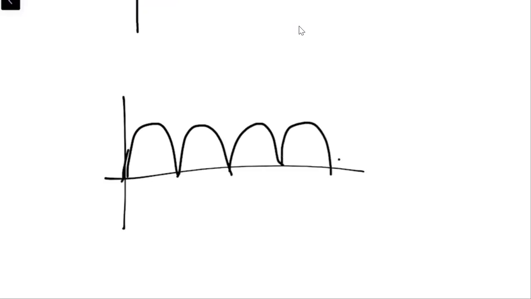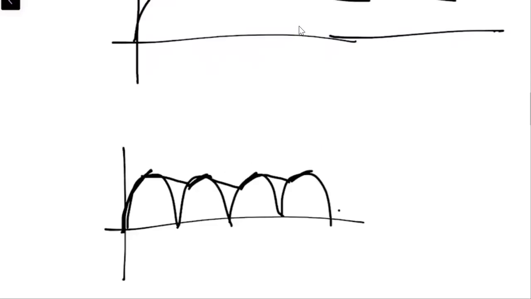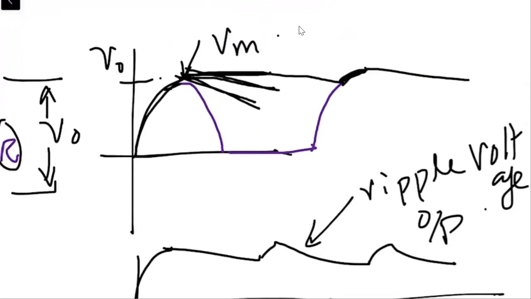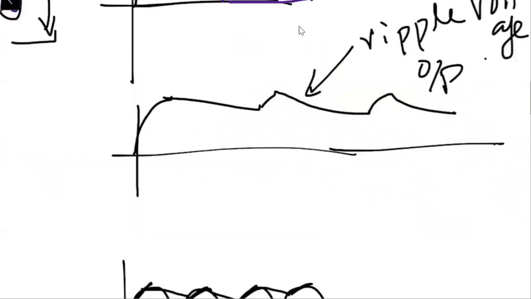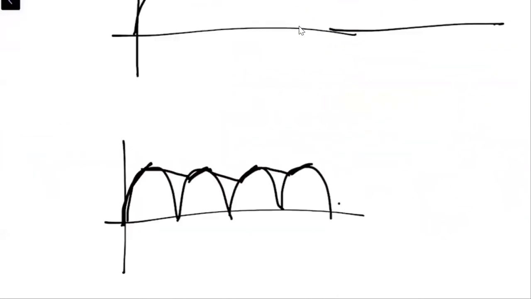So the capacitor will be charging to this point, a small drop over here, then charging over here, then a small drop, and in this way the output will have small ripples. But in case of a half-wave rectifier circuit, we have big ripples over here, right? So depending upon that, we can have outputs that can be close to the DC value.